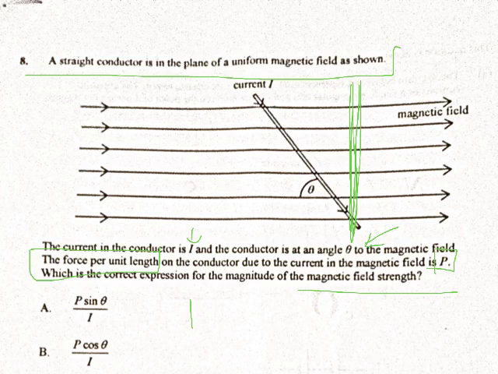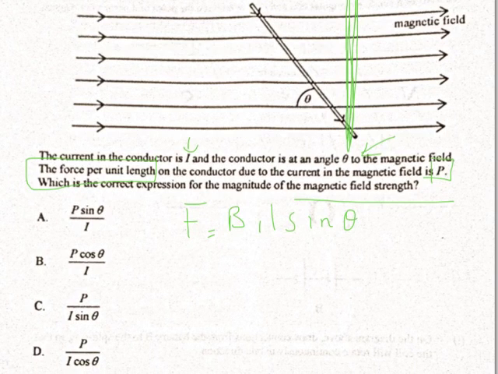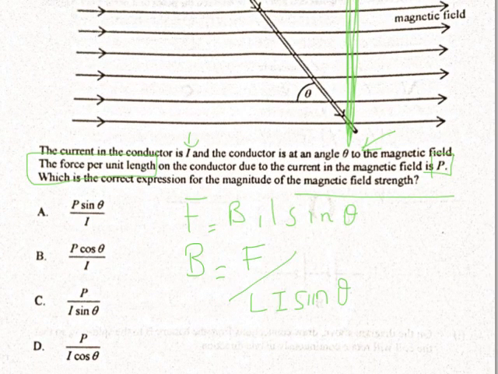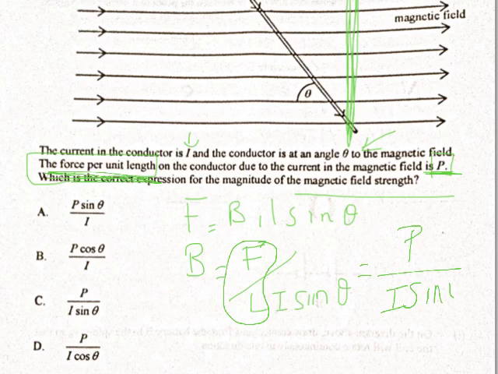So the magnetic field strength can be found by rearranging this formula, F equals BIL sine theta. Now if we rearrange it into the correct form, we can see that the force, as it mentions here, the force per unit length, can be replaced as P. So we end up with P over I sine of the angle.